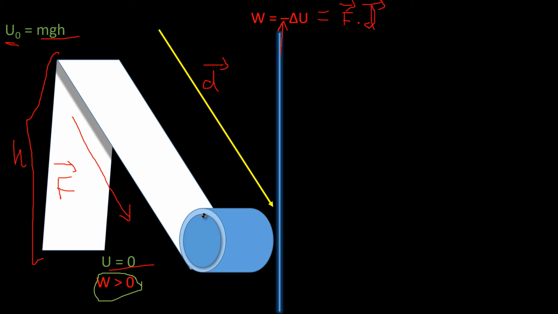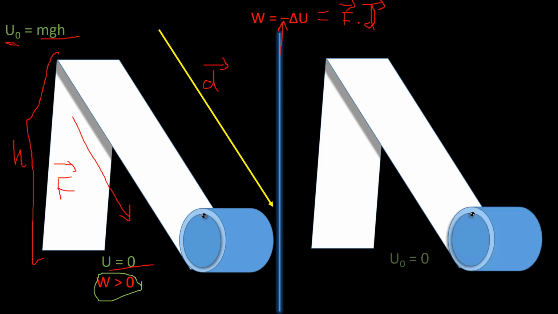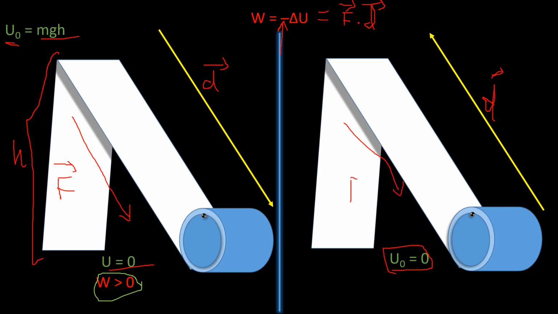Consider one more case. Consider the same inclined surface, same cylinder, but at the bottom. And now we consider this as the initial situation. So initially potential energy is 0. Now what if it is pushed up? Now the cylinder is trying to go down by force mg sine theta. But if it is pushed up, is work done positive or negative?